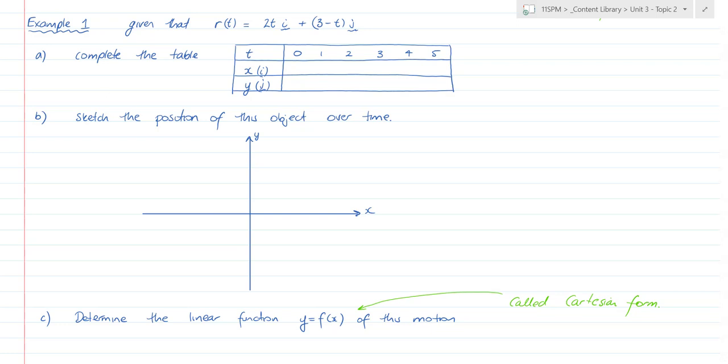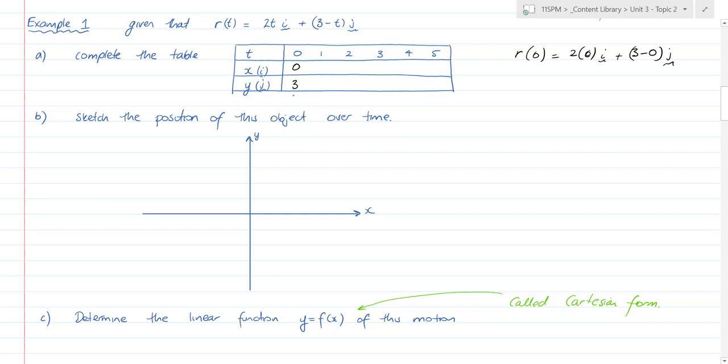And so when time is 0, I just go straight to that function up there, and I can work out r(0) is equal to 2 times 0 i plus (3 minus 0) j, and that ends up being the i component is at 0 and the j component is at 3.